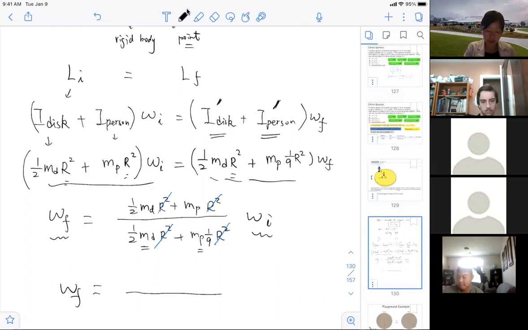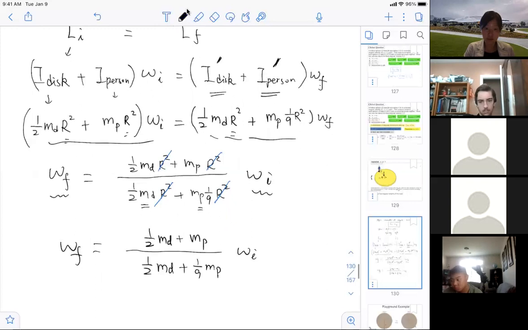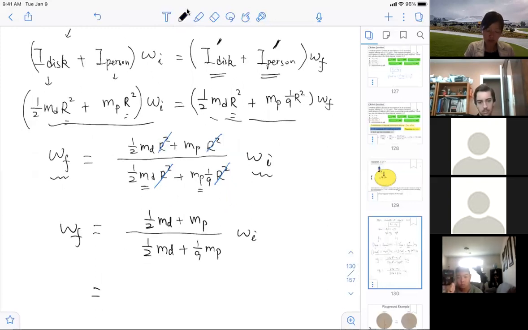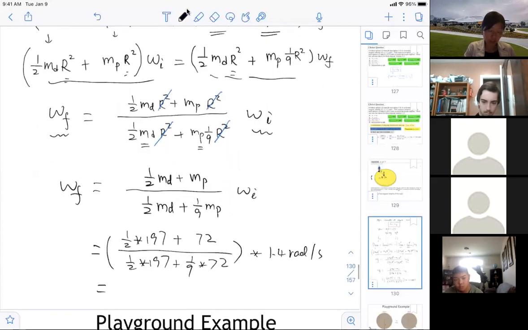So omega final is equal to 1/2 M_D plus M_P, the person, divided by 1/2 M_D plus 1/9 M_P, the person, times omega I. Now at this point, feel free to plug in the numbers of the different masses that were given to us in kilograms, and you can get your answer. So this is 1/9 of the 72 kilograms times 1.4 radians per second. So I got a larger angular velocity later on.